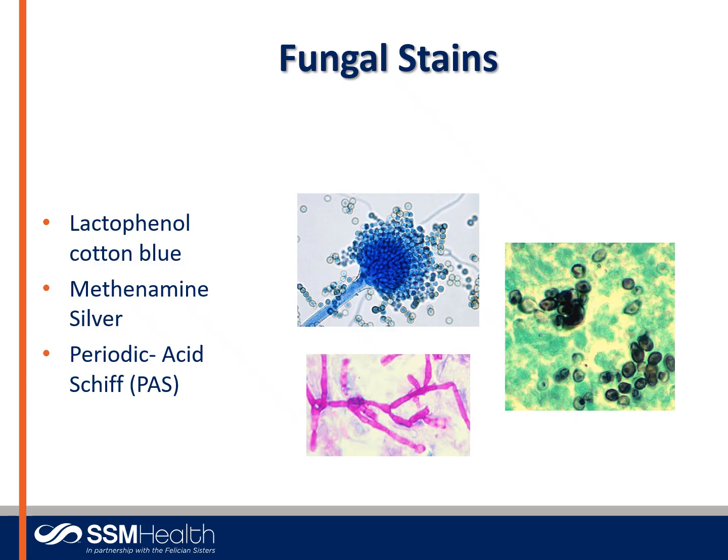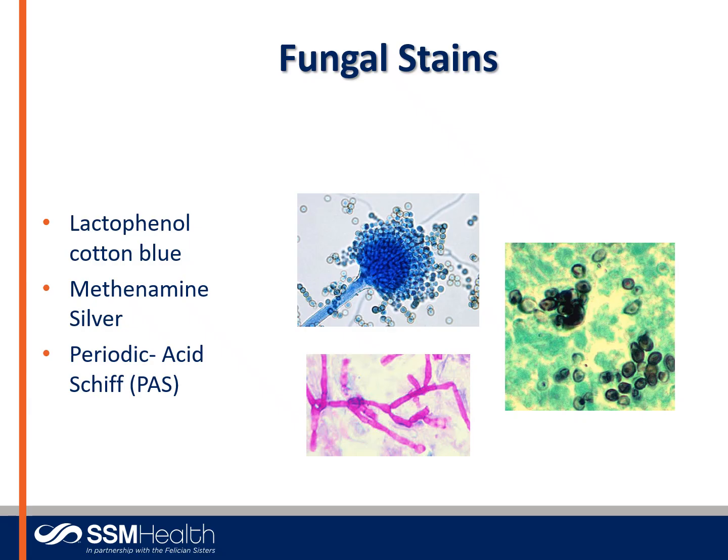Then the methenamine silver stain is really more of a histological stain. So you would typically see this stain used in the pathology lab. It stains fungal elements primarily and is used to stain tissue samples. And then the PAS stain is used to stain molecules with a high carbohydrate content, like glycogen, and is generally preferred for staining direct clinical specimens.